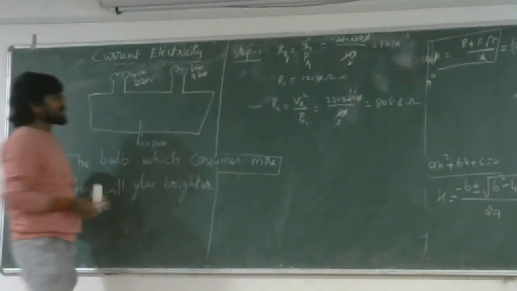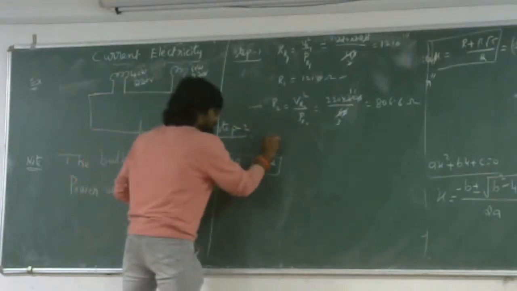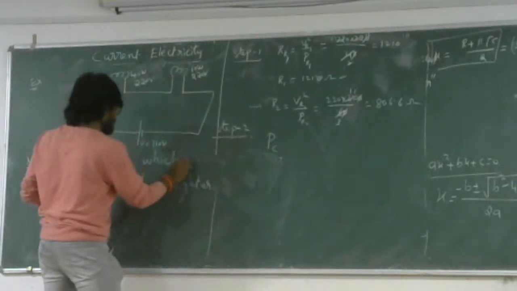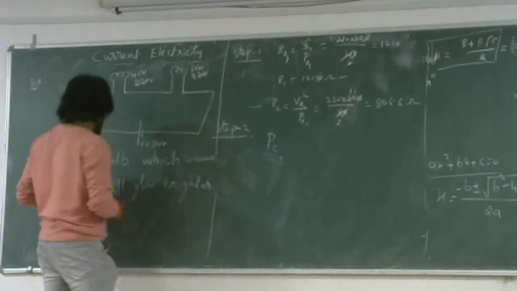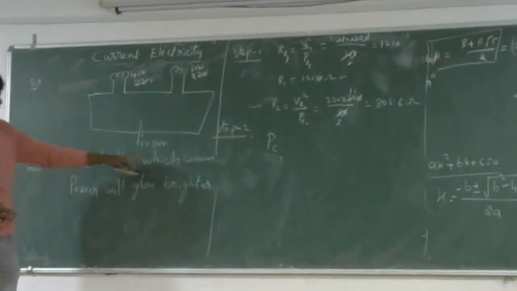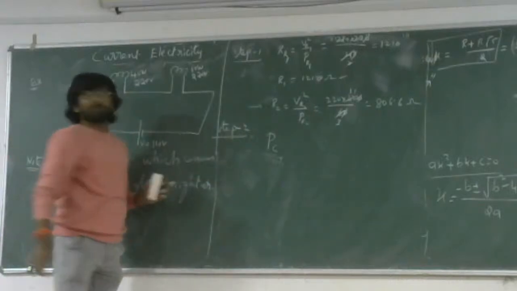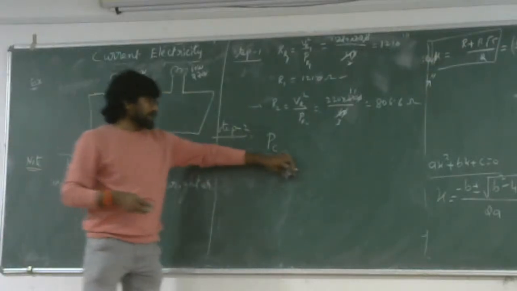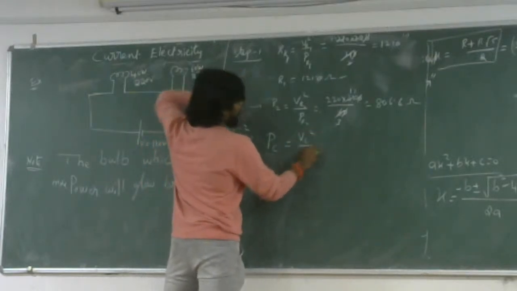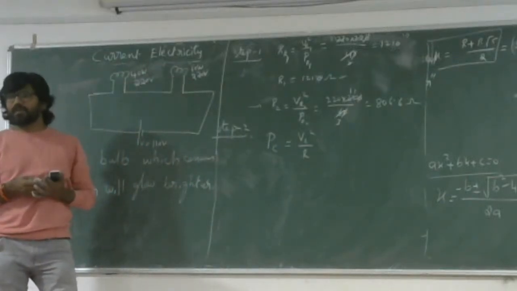Then step 2: the power consumed. The bulb which consumes more power will glow brighter. So how do we find the power consumed? Power consumed is equal to line voltage square by resistance. Got it?